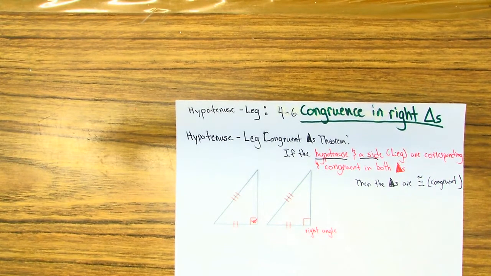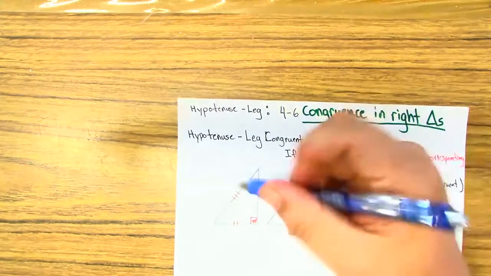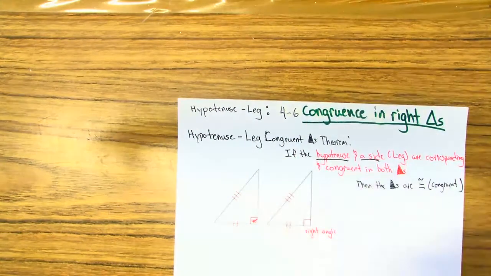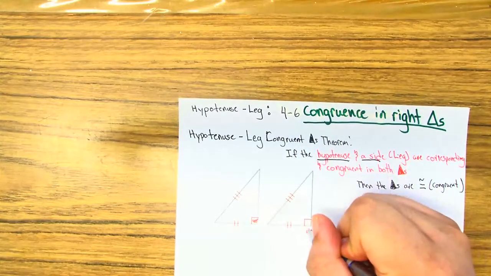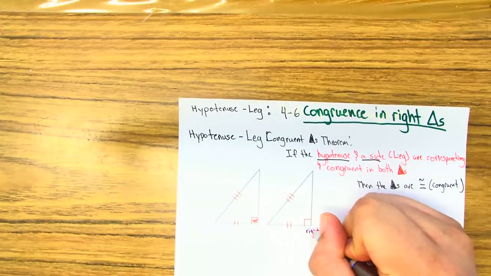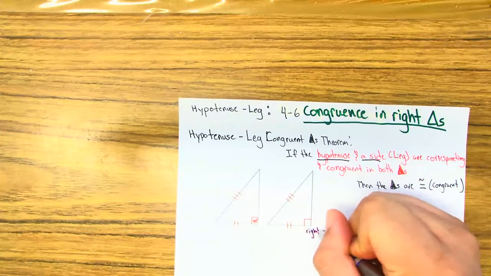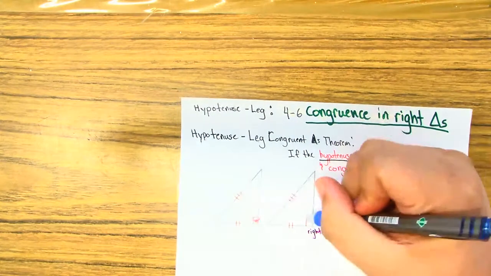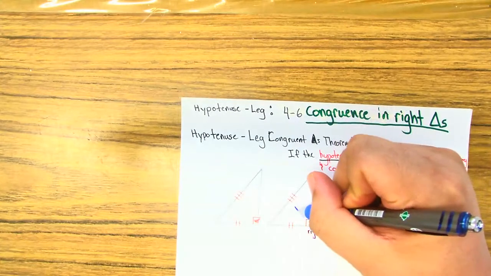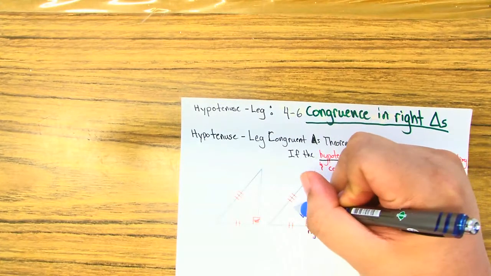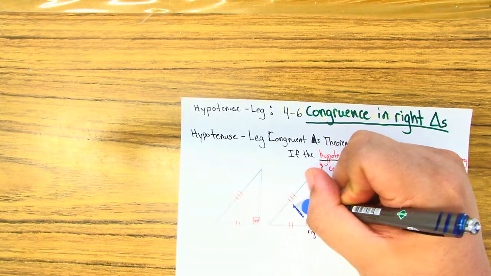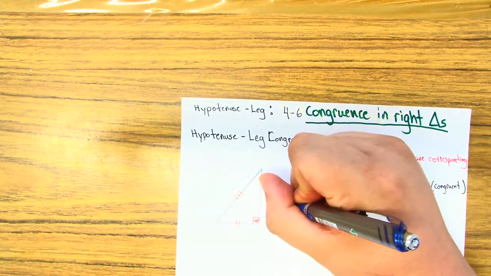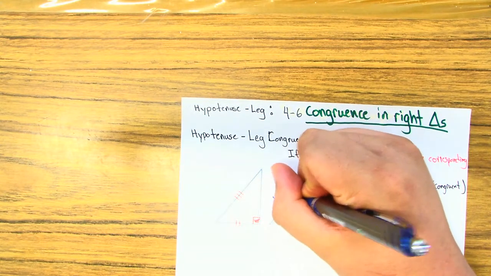Let's explain a little bit first. We're going to explain one thing about a right angle. There's a special thing about a right angle. Let me rewrite this. Whenever you have a right angle, the opposite side, the side facing away from the right angle, will always be called the hypotenuse.